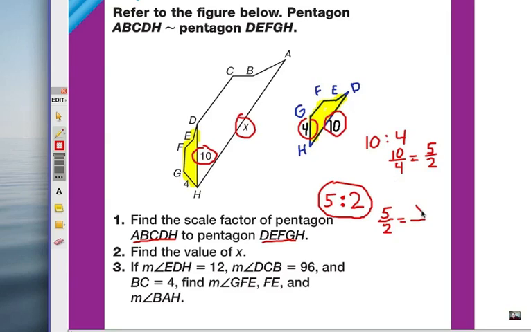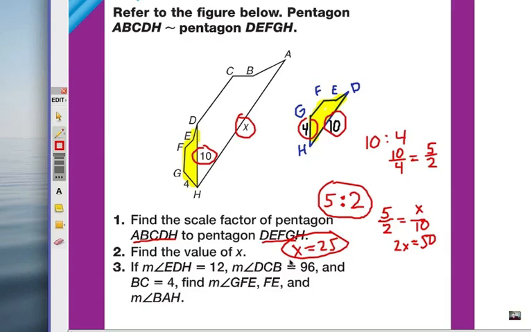So x over 10. All right, let's cross multiply. That would be 2x equals 50. And x must be 25. So we write a proportion, cross multiply, and solve.